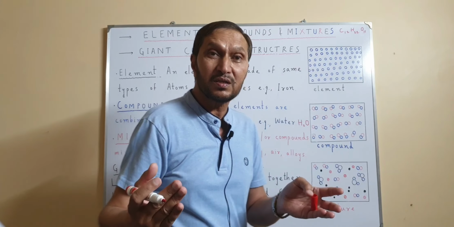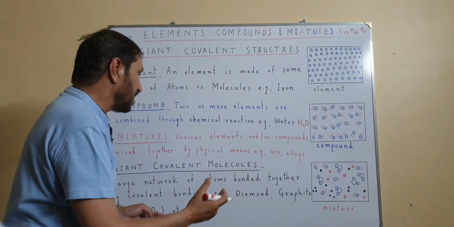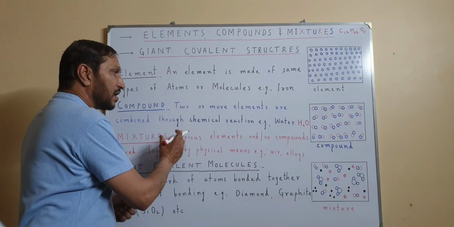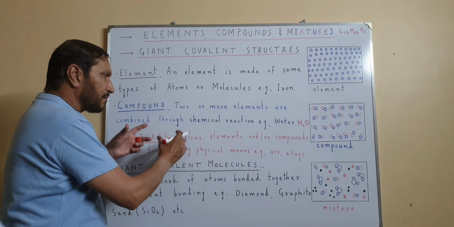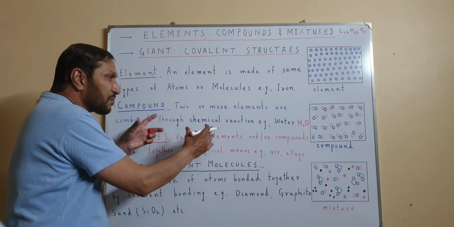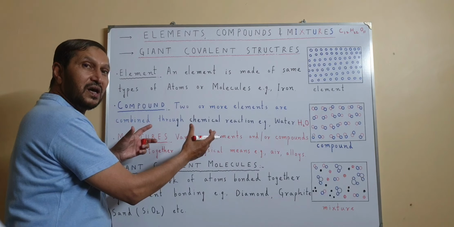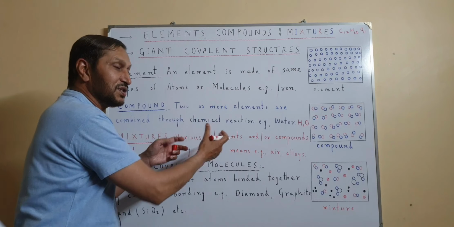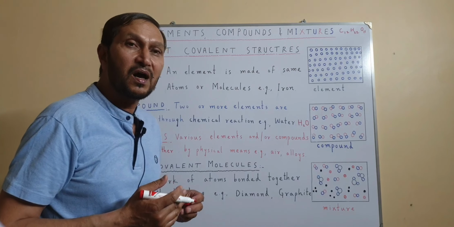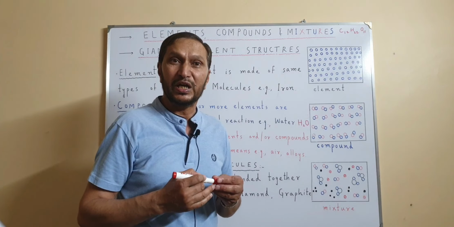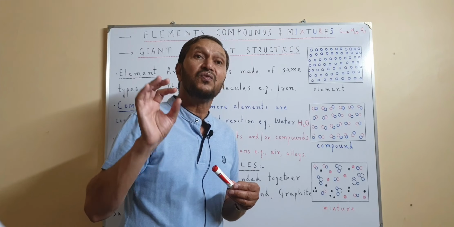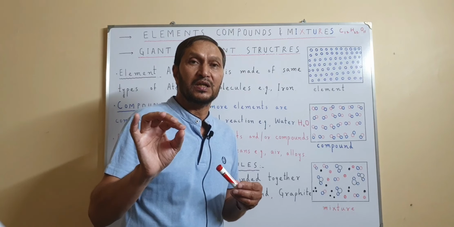So mixtures, I mean to say, are formed from elements and their properties are an average of all the elements through which the mixtures are formed, because they are not formed through a chemical reaction. They are just physically mixed together.